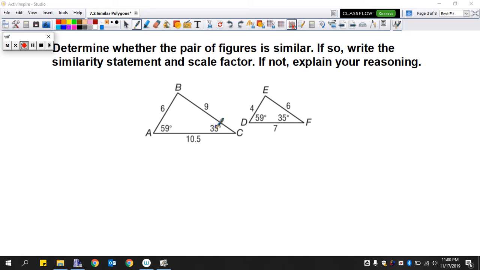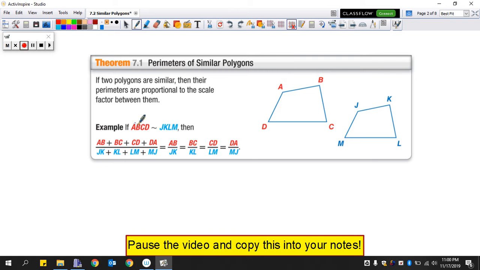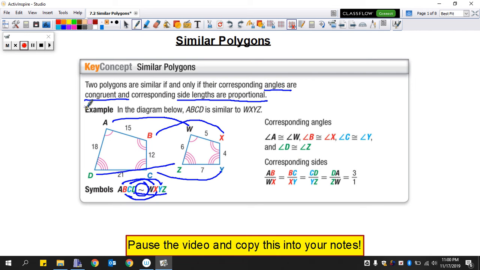Going back to the very first thing that you copied down, the angles are congruent. That's the first thing we have to check, and the second thing is whether the corresponding side lengths are proportional.